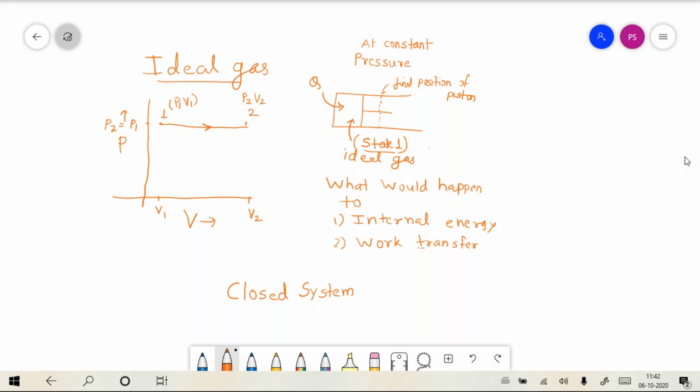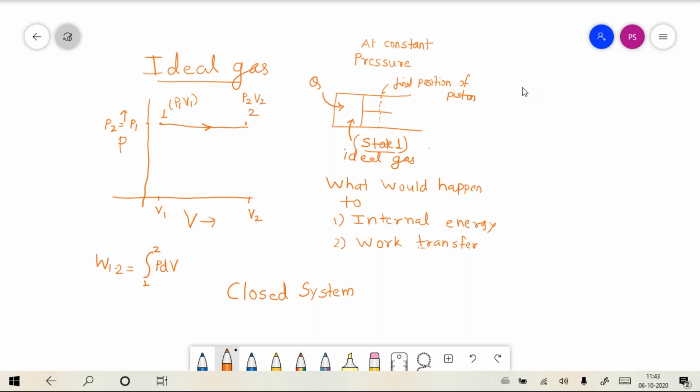So the work transfer during the process 1 to 2 is obtained by integration of P dV from 1 to 2. Is this clear?